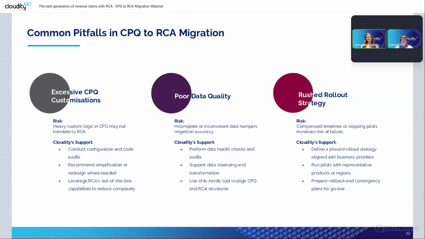Three things are quite repeatable and quite probable for a lot of customers that want to migrate. First, excessive CPQ customizations, right? If your org is a few years old, what we usually see is that there is a lot of customization built for different reasons, because processes could have changed, because new lines of business were opened, because CPQ couldn't handle some use cases that your company wanted to handle, and those do not necessarily translate well to RCA.